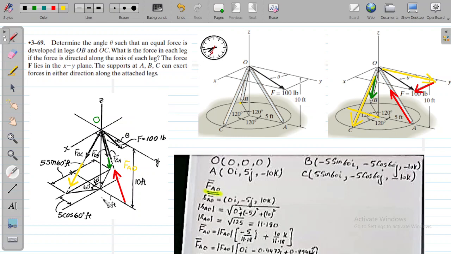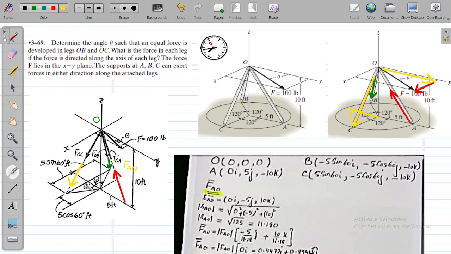Similarly, in the same way, we'll calculate the coordinates of this C point. Again this is 60 degrees, and this is the origin. For the x component, this is the x component, and this is the radius.